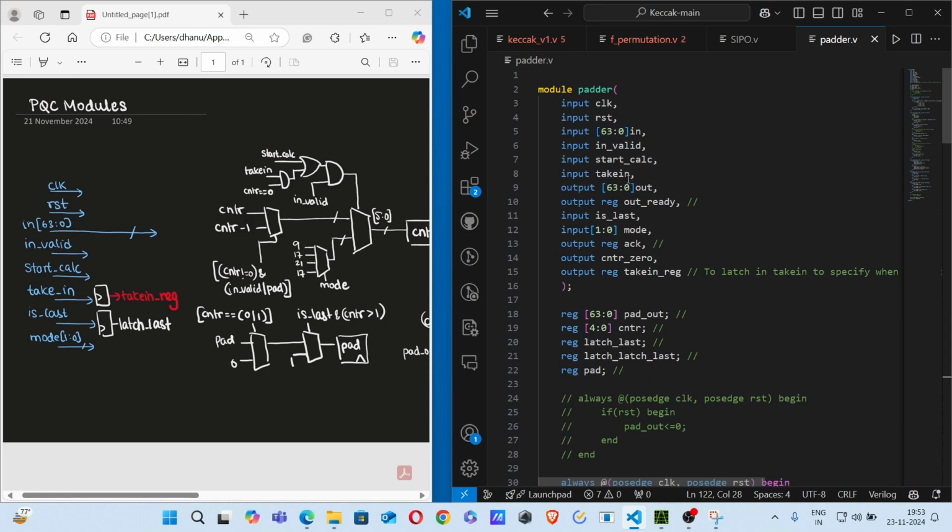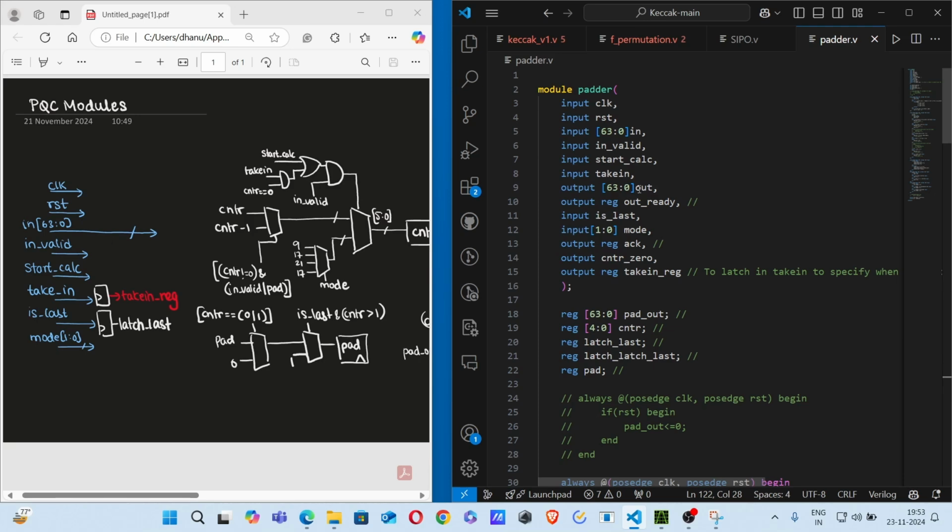This take-in is high as long as the inputs are still present and there are valid inputs still present. For example, when start calc goes high initially, valid inputs start coming here, but suppose there is a delay at the input side, take-in will continue to remain 1 until this is last signal comes in. As soon as this comes in, take-in goes 0.